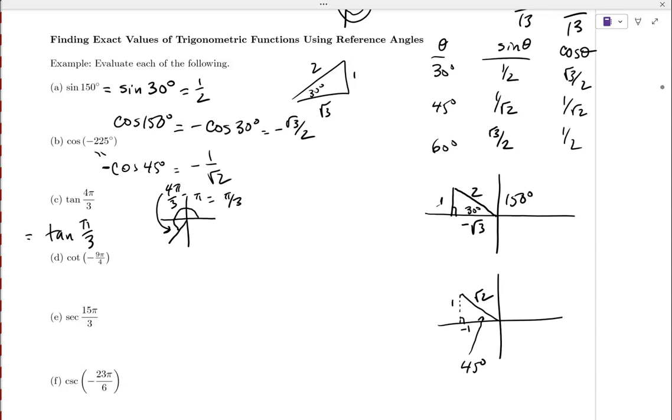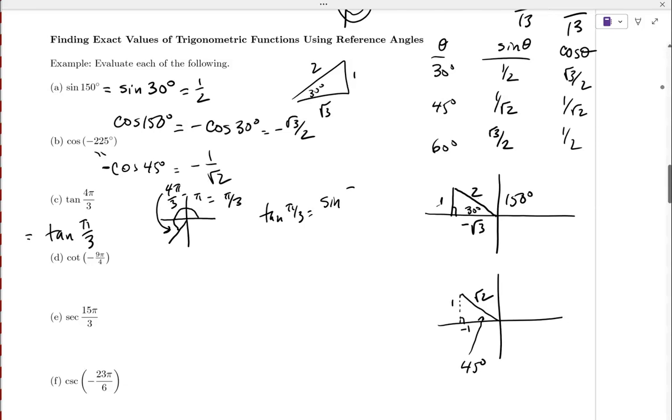How do we figure out tangent of pi over 3? Well, I could try to memorize it, but I don't have to, because what's another way to figure out tangent? Yeah, it's sine of pi over 3 over cosine of pi over 3. I don't have to memorize tangent; I can figure it out if I know sine and cosine.